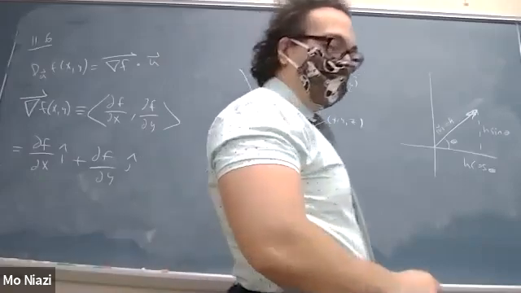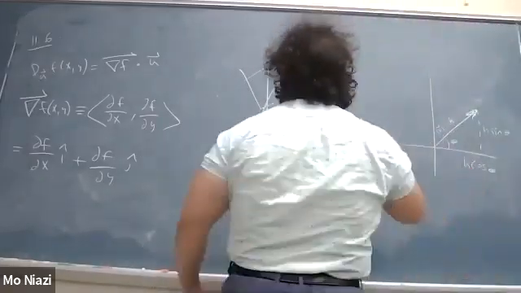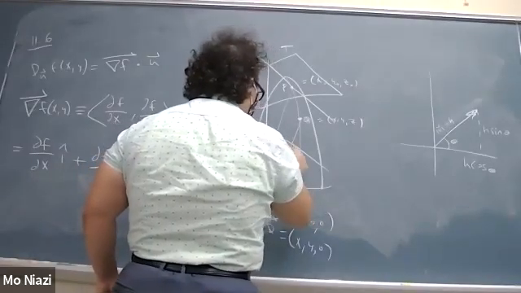So let's create like a tangent plane here. Here's some tangent plane T. Okay, and some tangent line going through the point P. Okay. And we can say that this is some vector u.